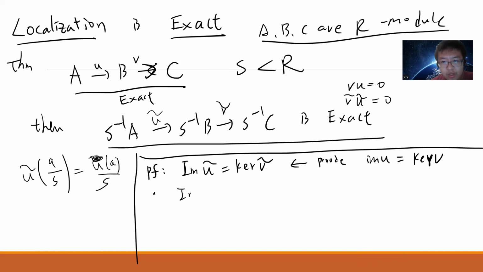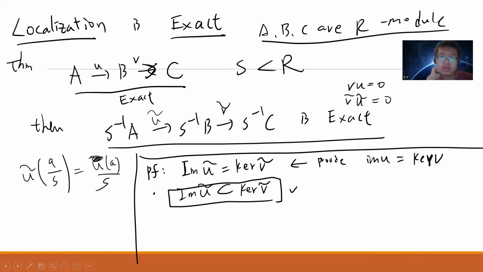So we always have the image of U tilde as a subset of the kernel of V tilde.